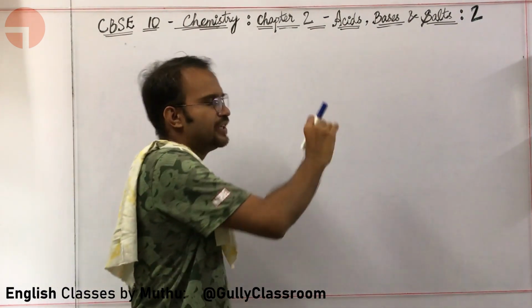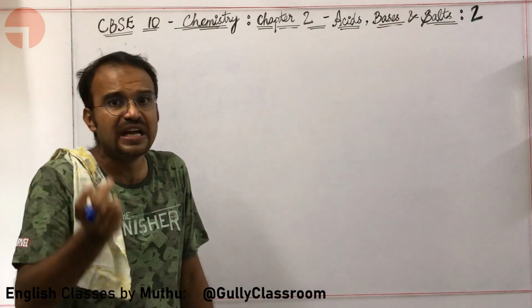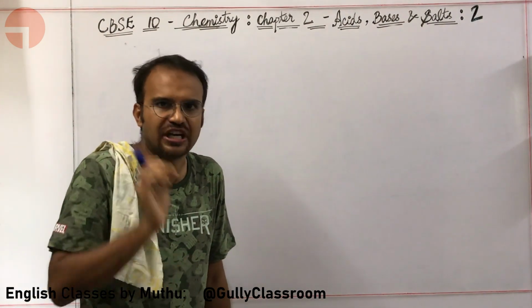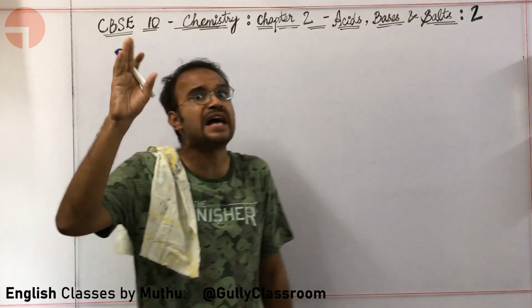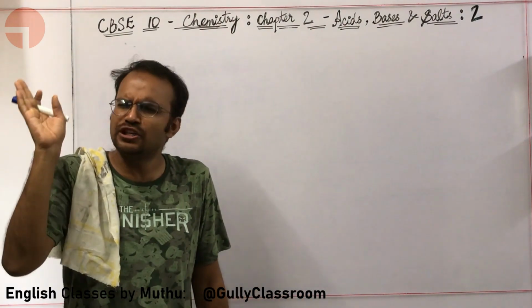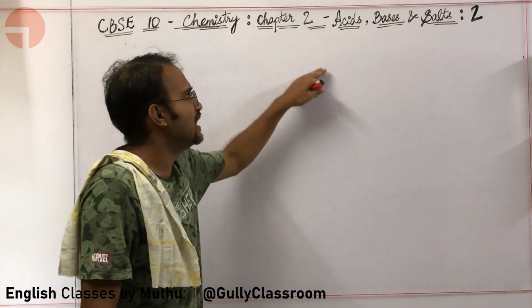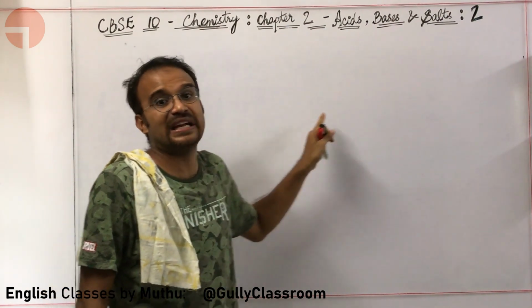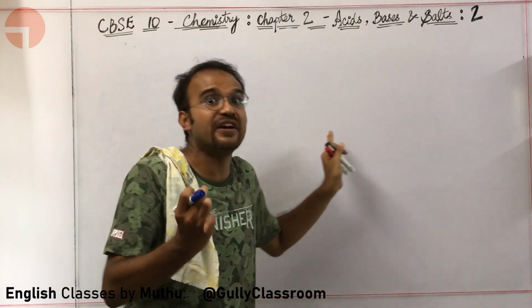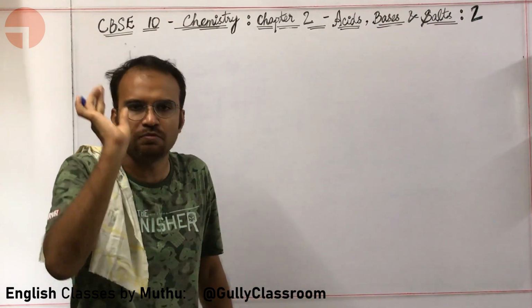Before we get into this particular lecture, let me do a very short recollection of acid base indicators. With respect to acid base indicators, all the indicators and their color changes and flavor changes are easy to memorize.